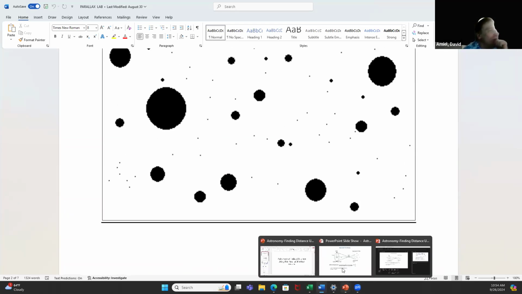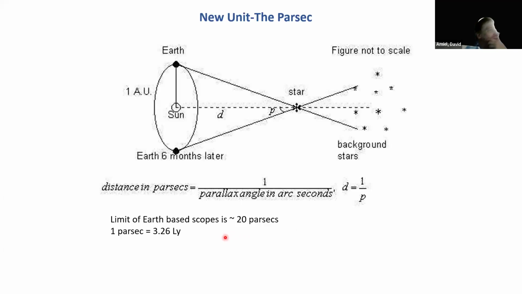So if we go back to the PowerPoint here, here's 3 months later, and look at this. The distance in parsecs, look at how easy it is to pull out the distance from the parallaxic angle.